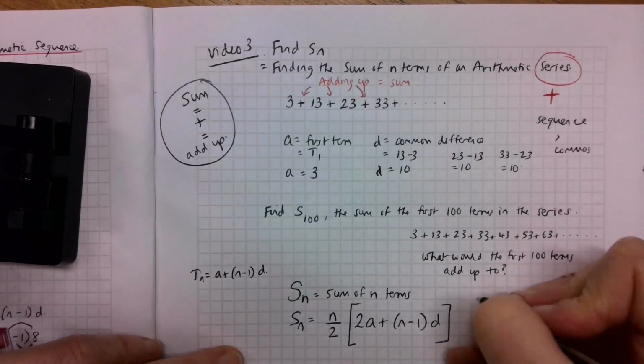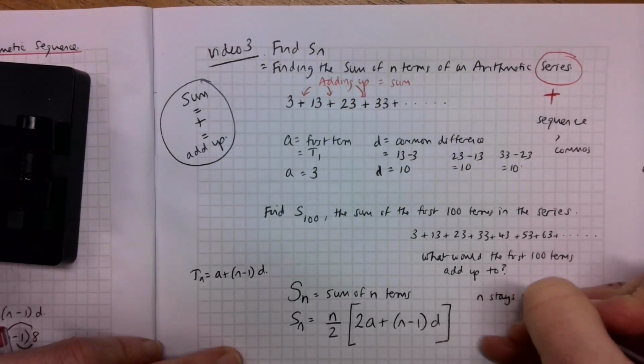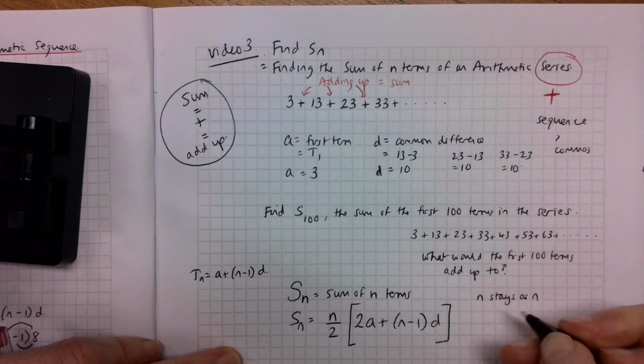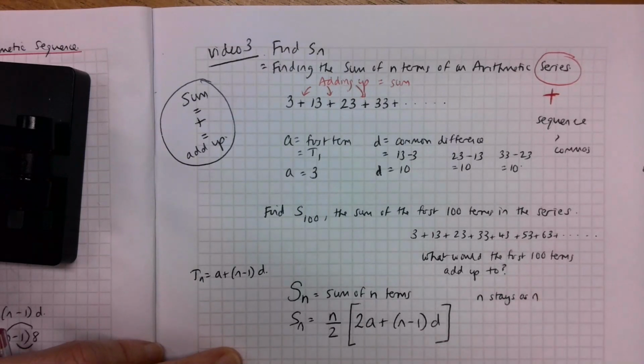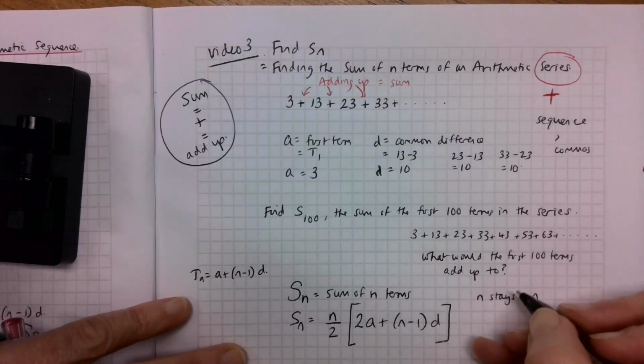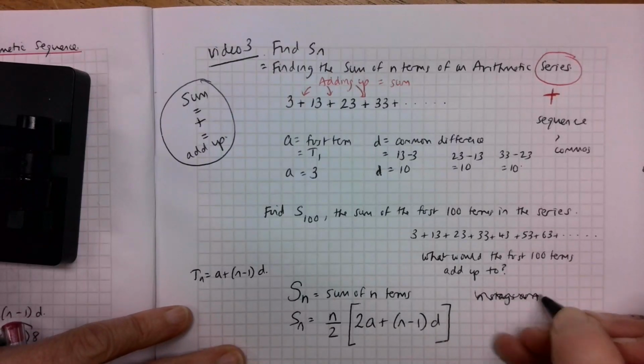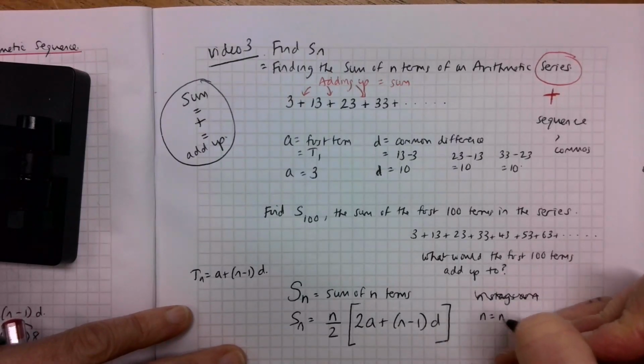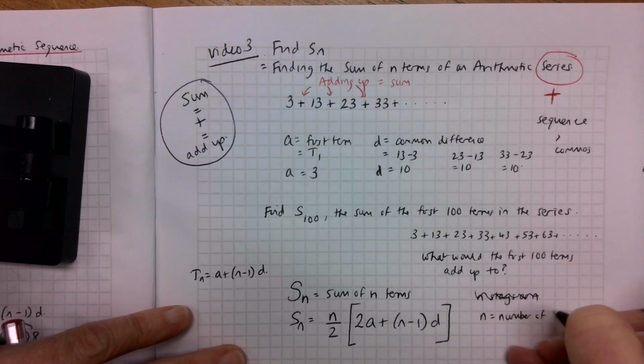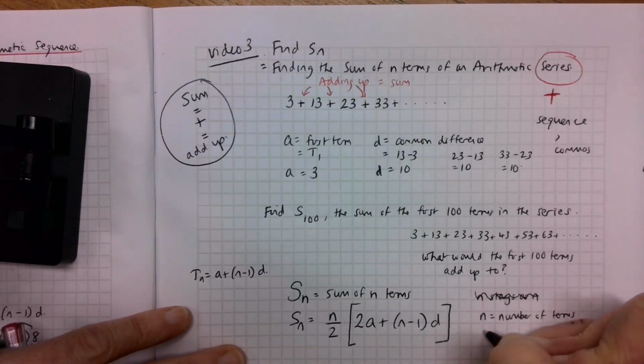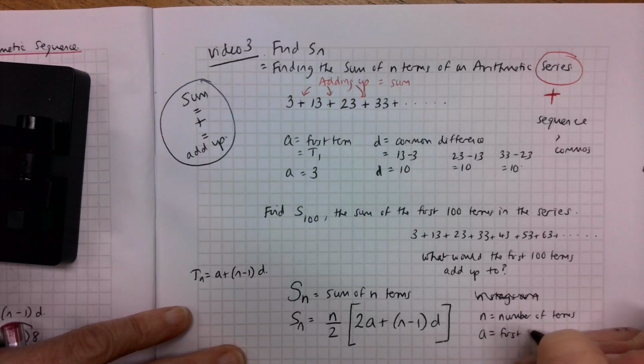Okay, where n stays as n when we're finding Sn. Usually we're asked to find the sum of a number of terms. So n is the number of terms, A is the first term, T1, and D equals the common difference.